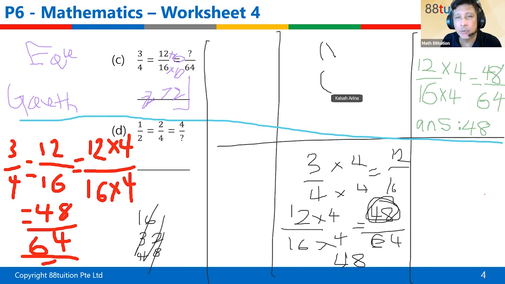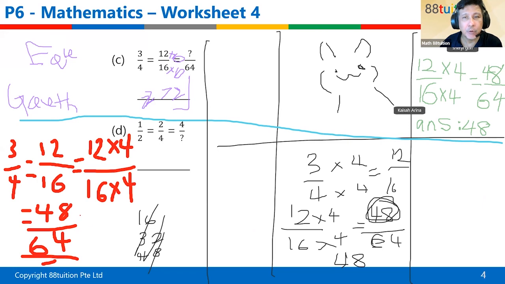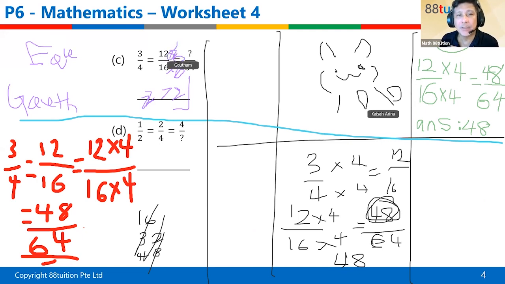So far, I am looking at three people's answers that are all the same. Samilta's, Kaiser, and Cheryl's. All of them have 48, which is actually correct, huh? Okay, 48 is correct because for the denominator, you only need to multiply by 4, not multiply by 6. All right, 16 times 4 will get you 64.